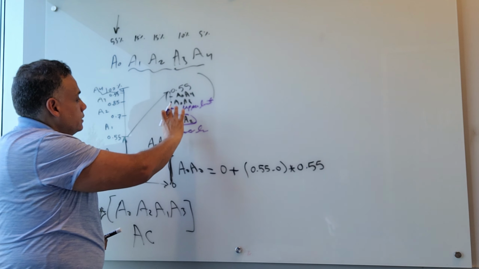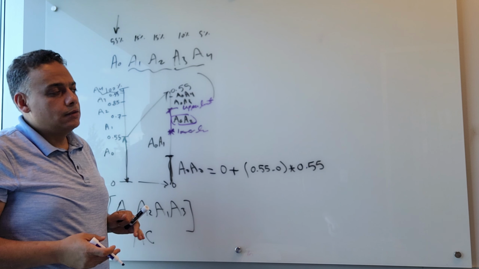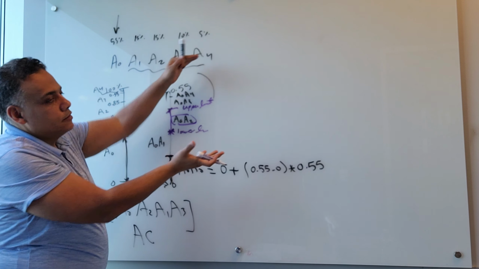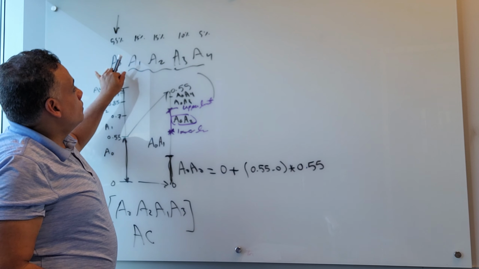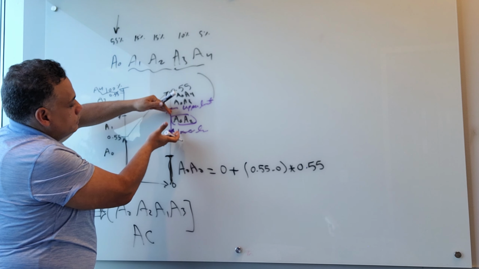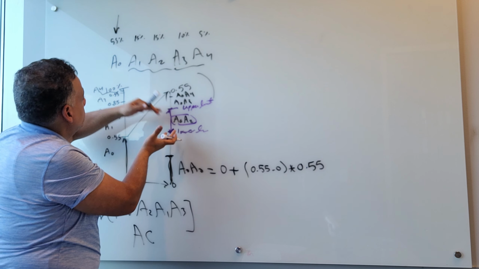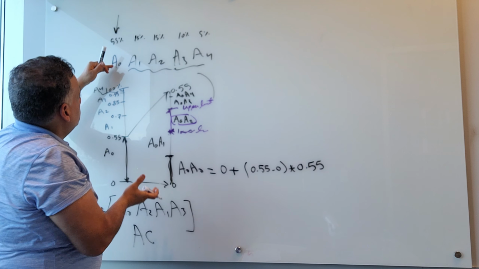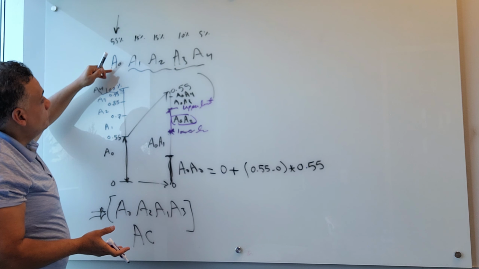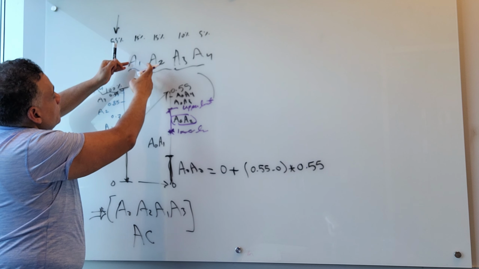So we take that interval and imagine that this is the new probability space, the new 0 to 100%, and then we take all these probabilities and project them onto this interval. So the first 55% of that interval becomes the space in which A0 lives, and then the next 15% the space in which A1 lives, and so on.